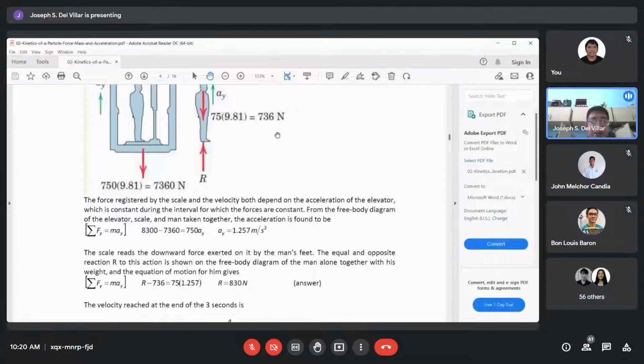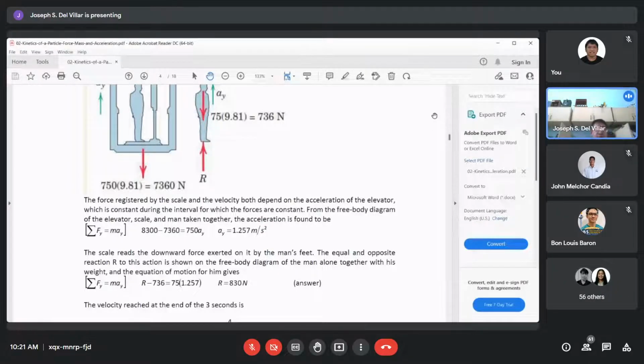So that is free body diagram of the man alone together with his weight. Okay, kasi 75 kilograms siya, di ba? So if you want to know his weight as a force, so we multiply that by 9.81, so we have 736 newtons.